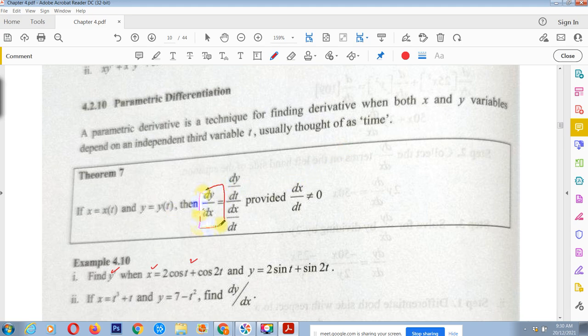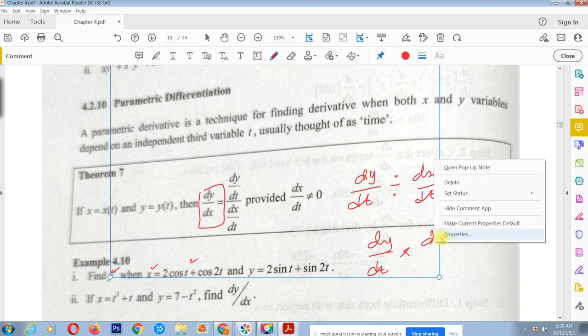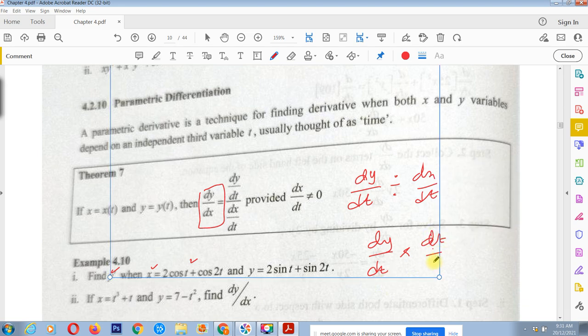So how to find dy dx? So dy dx equals dy dt divided by dx dt, which is dy dt times dt dx.